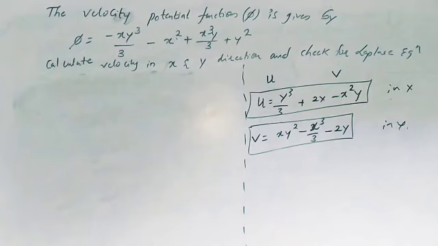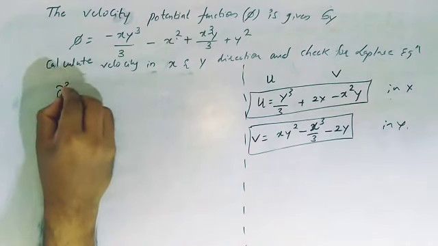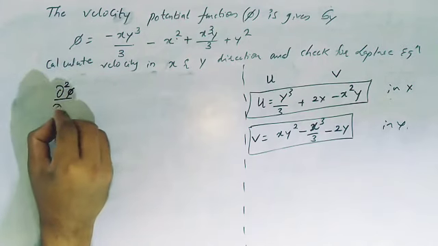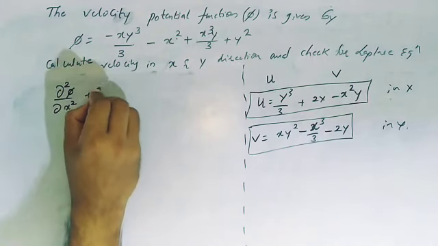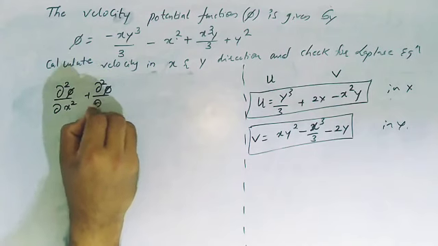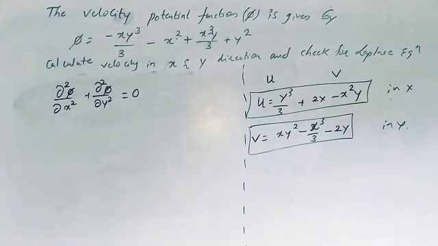Now for a velocity potential function, the Laplace equation will be dou square phi divided by dou x square plus dou square phi divided by dou y square equals 0. This is the Laplace equation for the potential function.